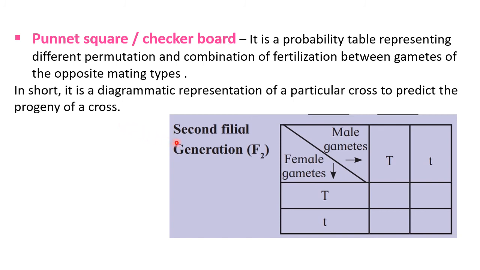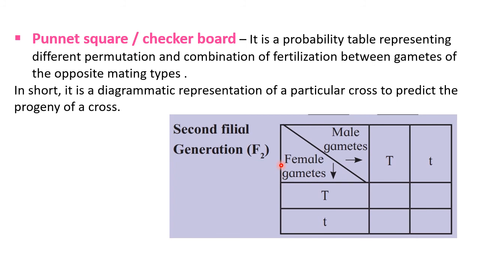So we have seen in the previous example a cross between tall pea plant and dwarf pea plant. In F2 generation, different combinations are produced after the selfing of F1 hybrids. In the table we see an equal number of male gametes and an equal number of female gametes are produced, and these gametes unite with each other to produce new combinations.